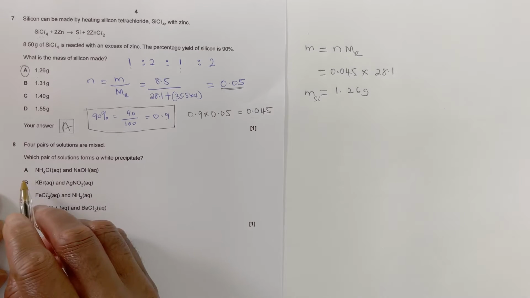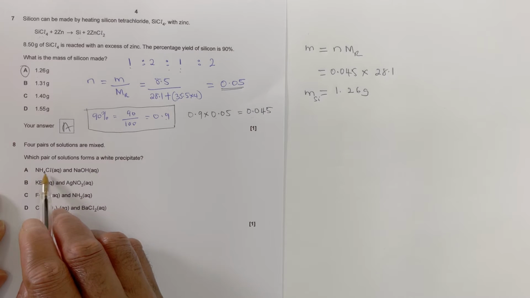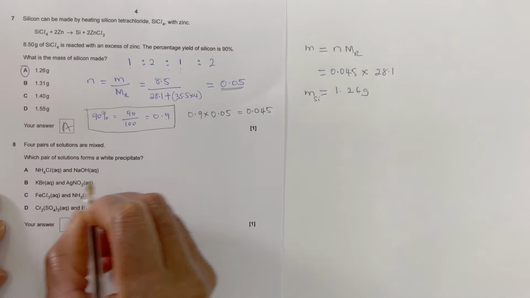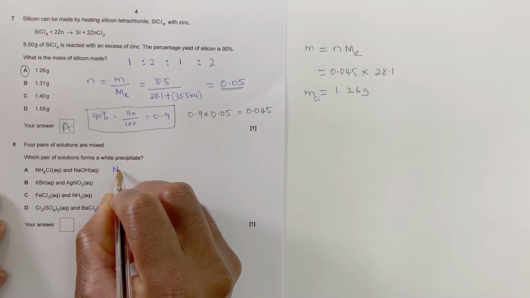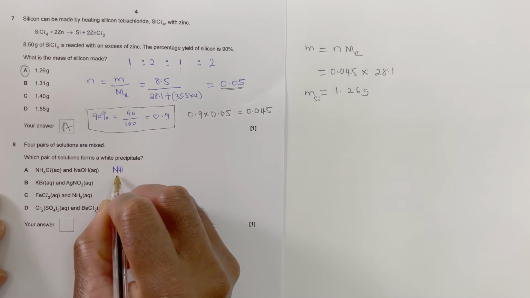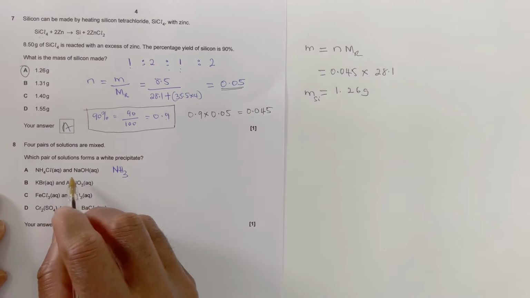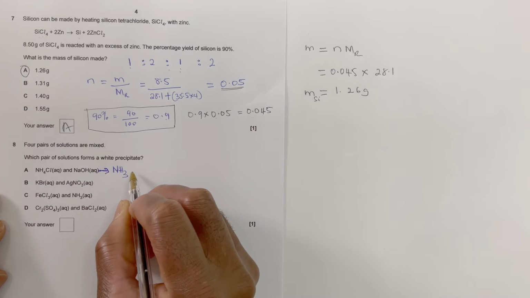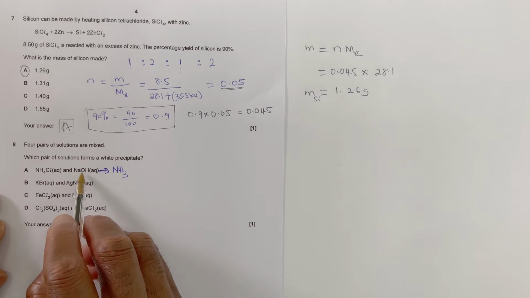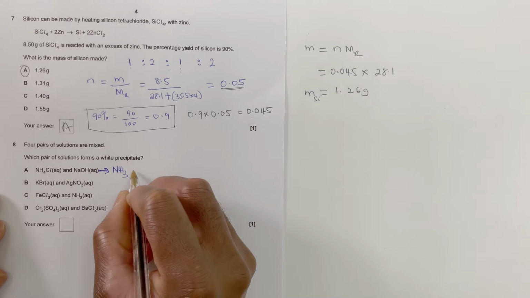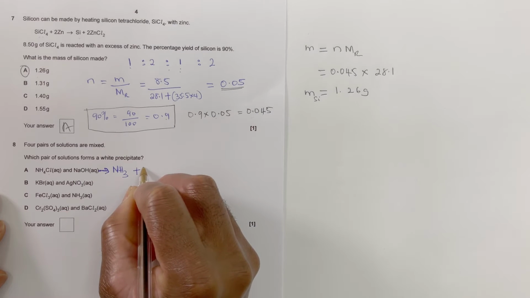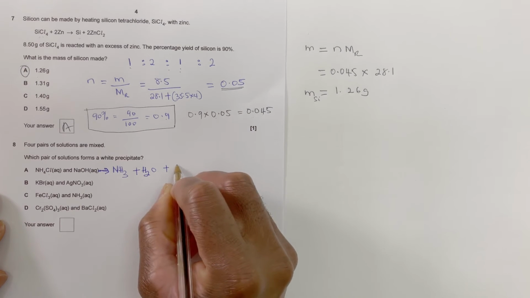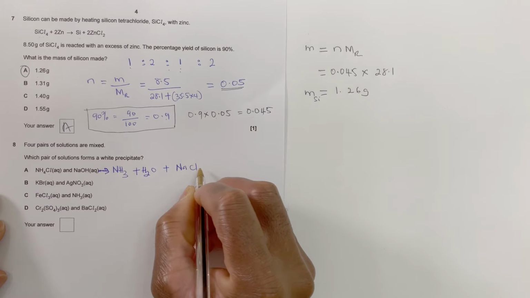Well, the first one here is ammonium chloride and sodium hydroxide. If we react the two together, we should get NH3, plus H2O, plus sodium chloride.